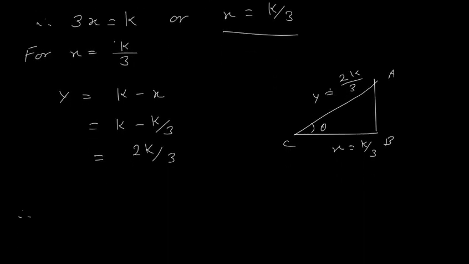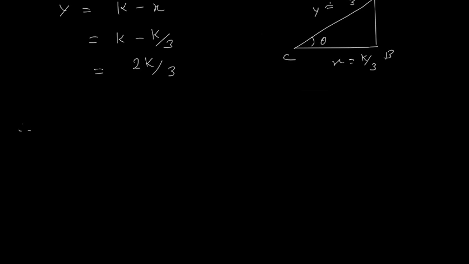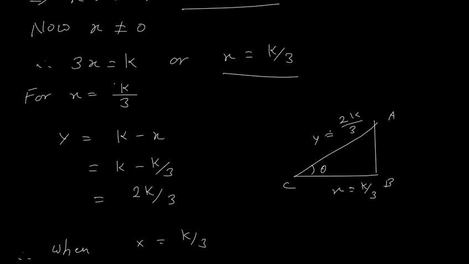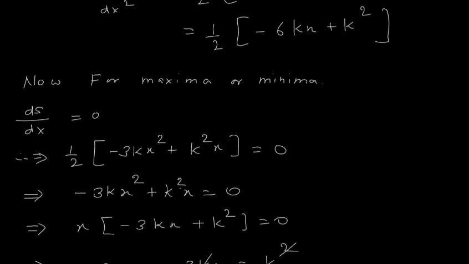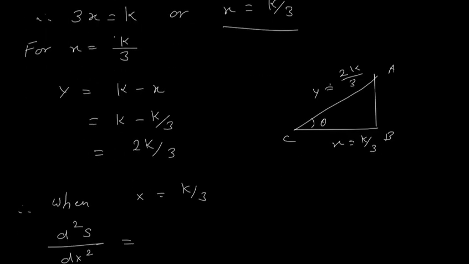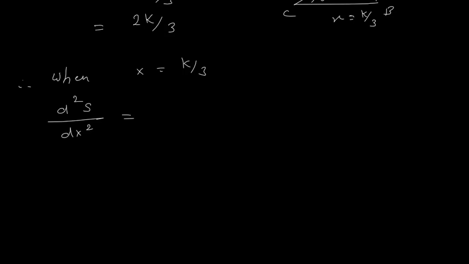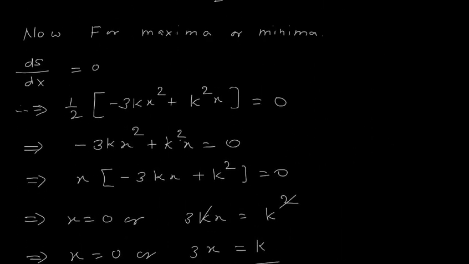Now when x is k upon 3, d square s upon dx square, this value will be, second derivative is here, 1 upon 2 into minus 6kx plus k square.